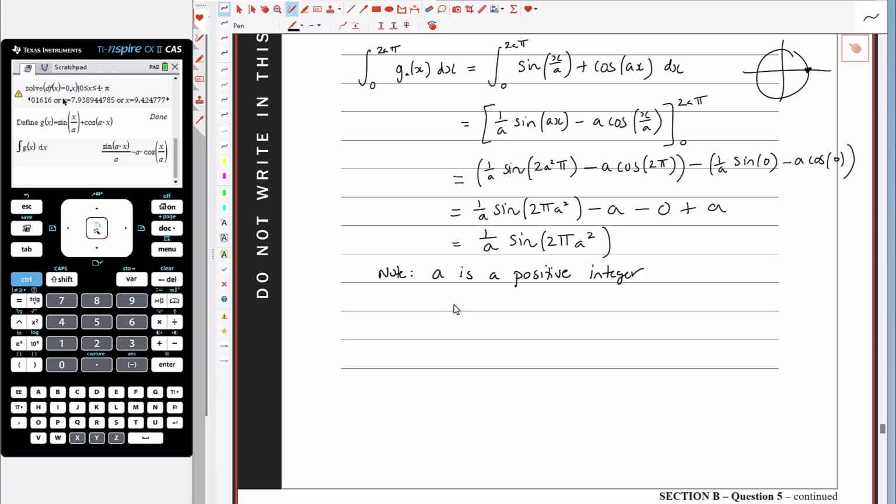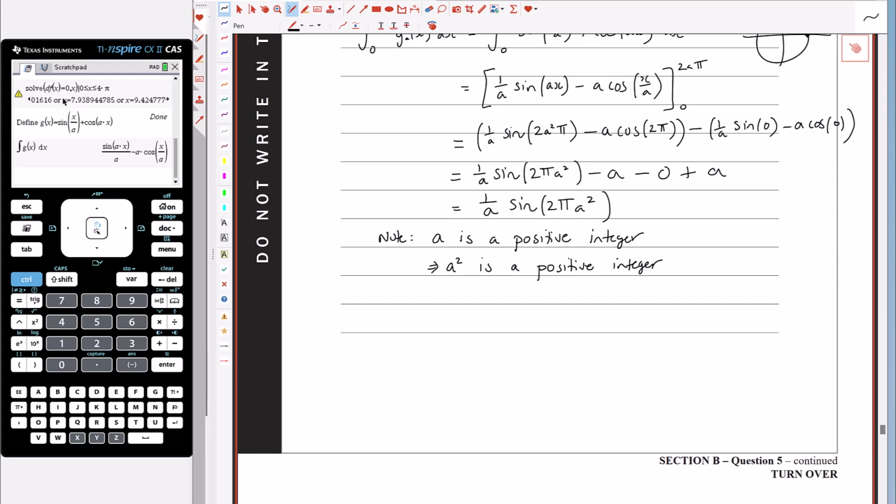So that means that a² is also a positive integer, which means that 2πa² is a positive integer multiple of 2π.